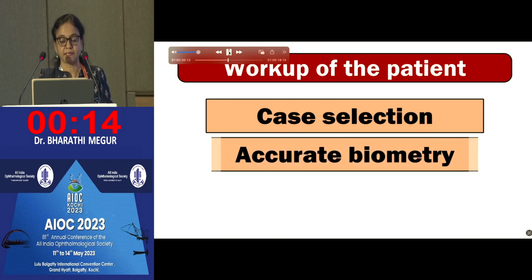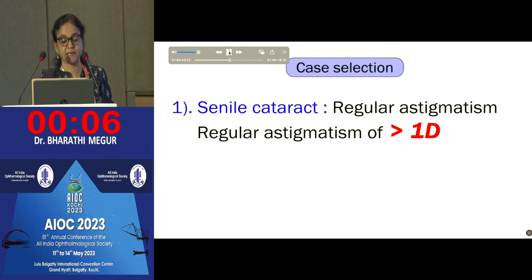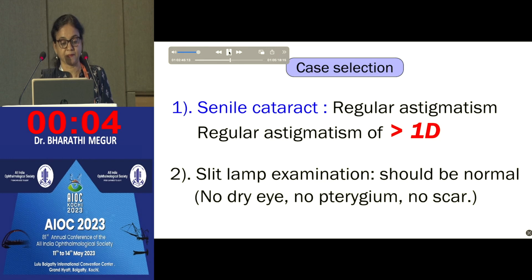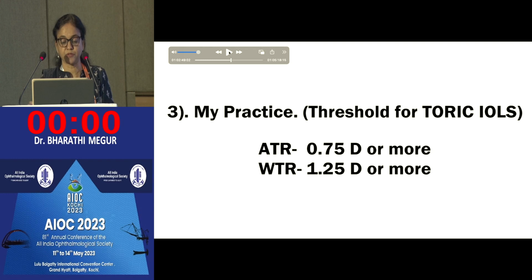Workup of the patient includes case selection, accurate biometry, and IOL power calculation. Case selection includes ruling out pterygium, dry eye, and other aspects. Senile cataracts with usually more than one diopter of astigmatism is the usual indication. In my practice, I would be low on my threshold for against the rule astigmatism. Usually 0.75 is the cutoff.